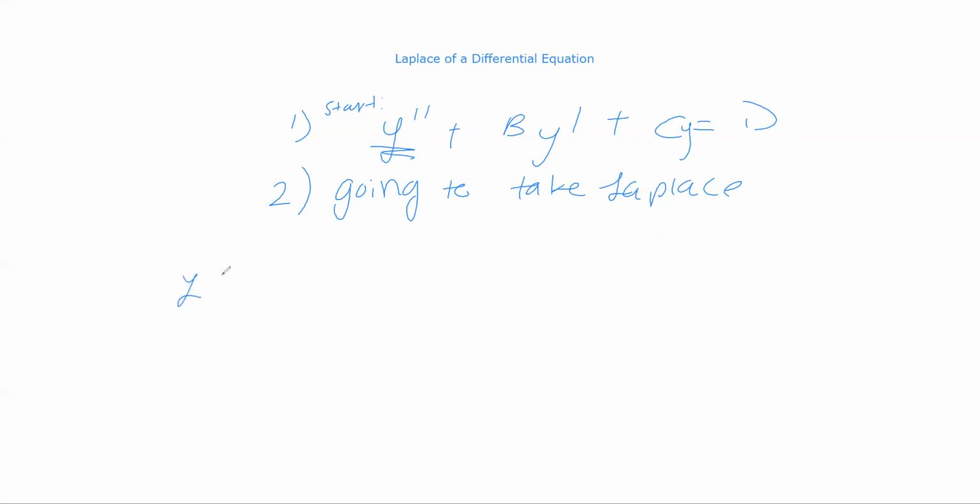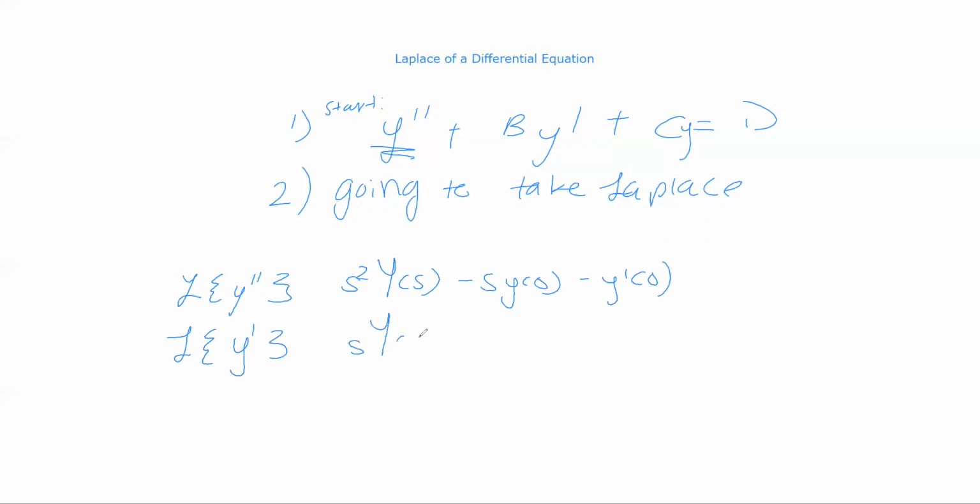So the Laplace of y double prime is going to be equivalent to s squared Y of s minus s y of 0 minus y prime of 0. Then the Laplace of y prime is going to be s Y of s minus y of 0. And then that third one, the Laplace of y, is just going to be equal to Y of s.